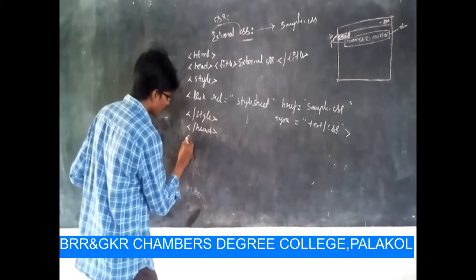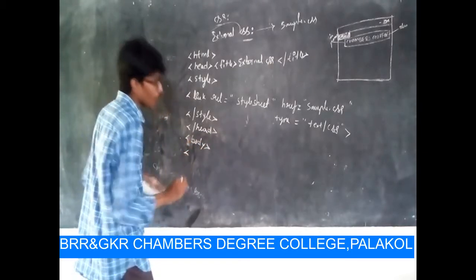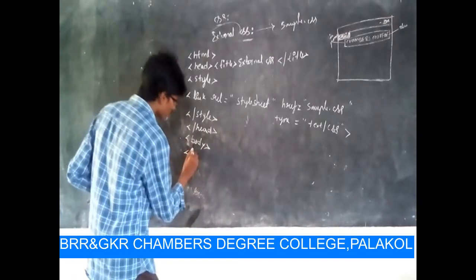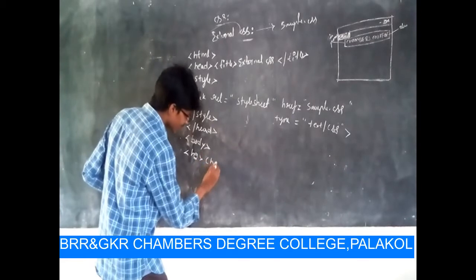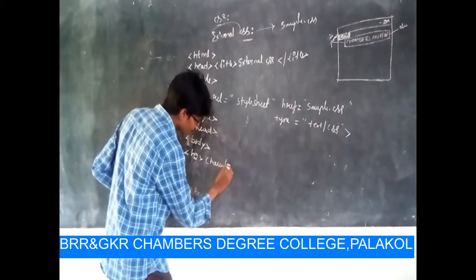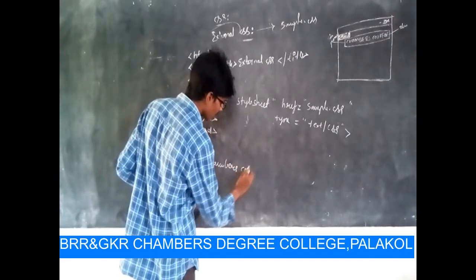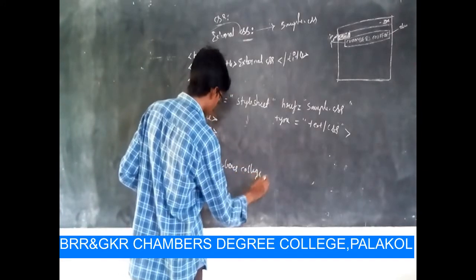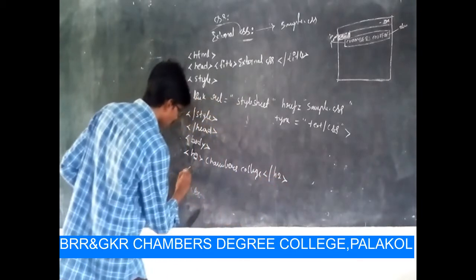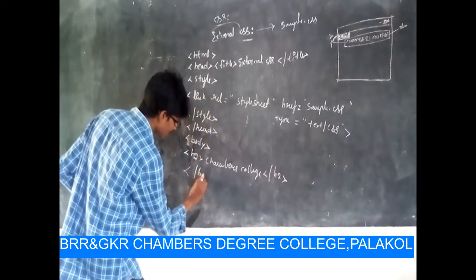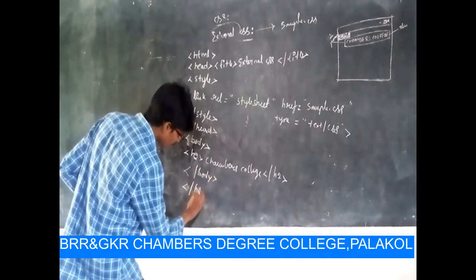After that, open the body part. There you represent the tag name as usual, that is H2. And after that enter the text, whatever we present in the final outcome of the HTML document, Chambers College. After that, close the H2 part. Then close the body section. After that, close the HTML part.